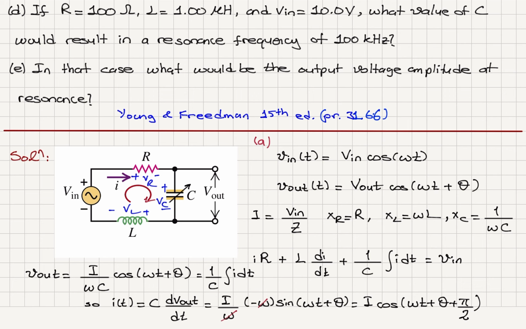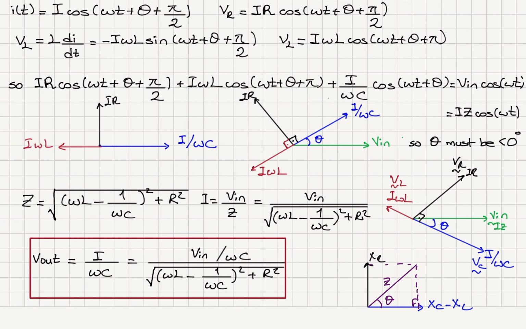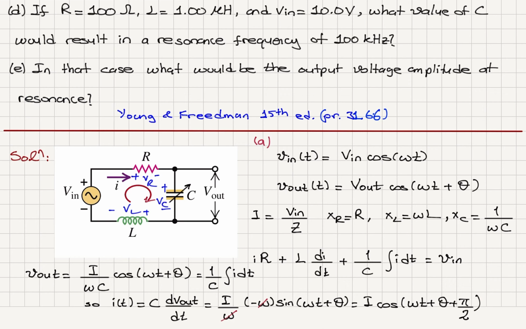Looking at the relationship between the current, the common current that flows in the circuit, and the voltages, I have realized that the voltage across the resistor is IR cosine omega t plus theta plus pi over 2. The voltage across the inductor is I omega L cosine omega t plus theta plus pi, and the voltage across the capacitor is I over omega C cosine omega t plus theta.